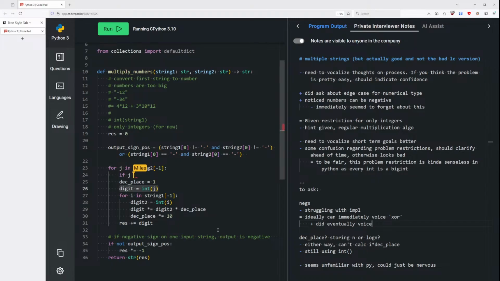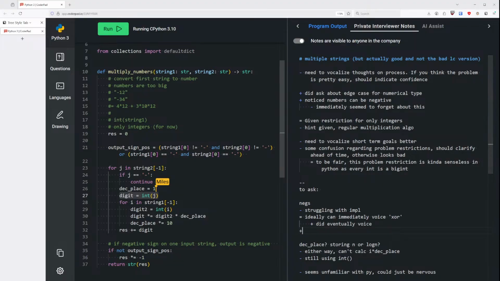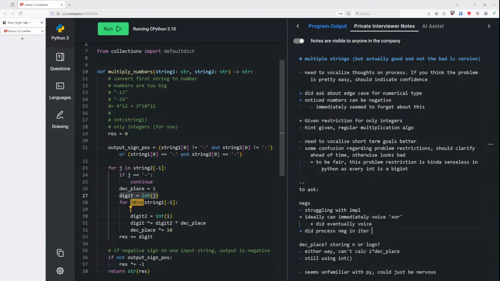So if j equals negative sign, if i equals negative sign, this is the one I'm concerned about.